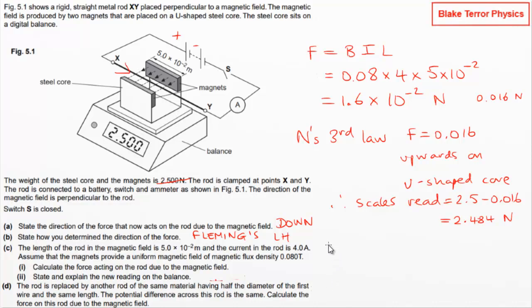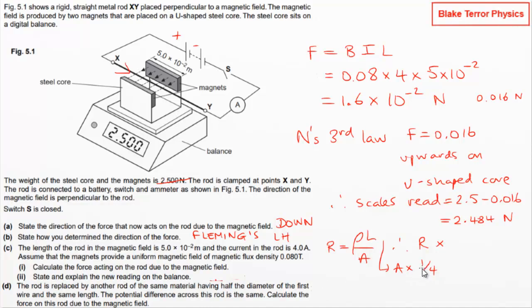So if we've made that half the diameter, what's going to happen with our resistance? Resistance is resistivity times length over area. We've not changed the resistivity or the length. Let's start with the area actually. The area is multiplied by a quarter because we've halved the diameter.